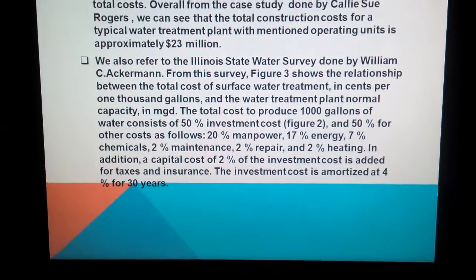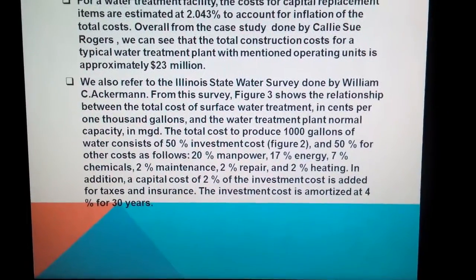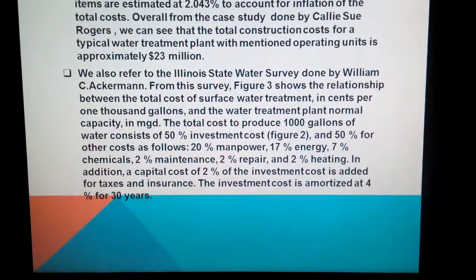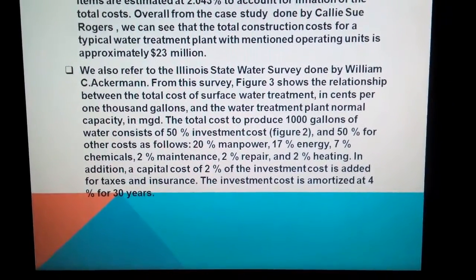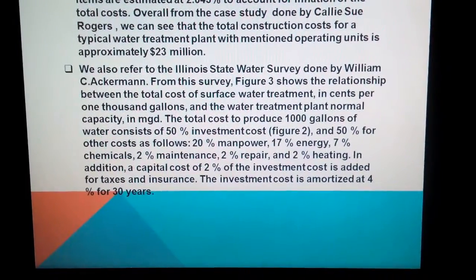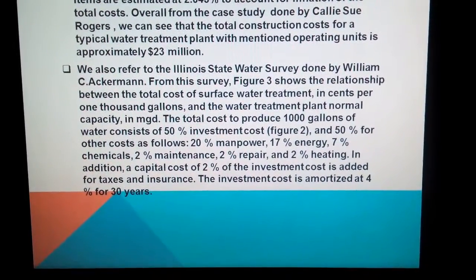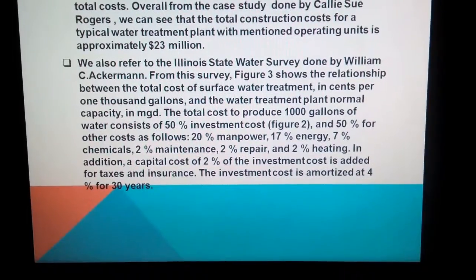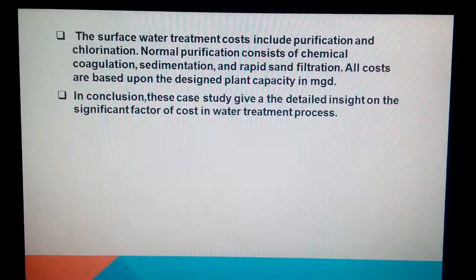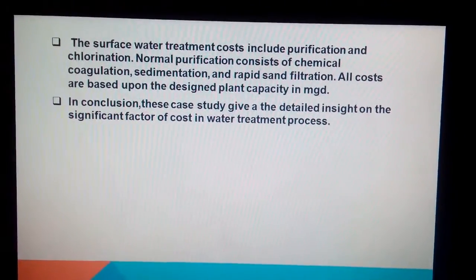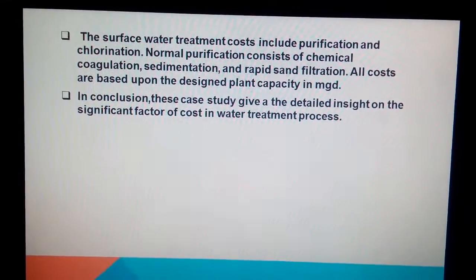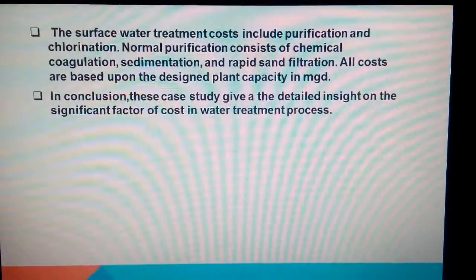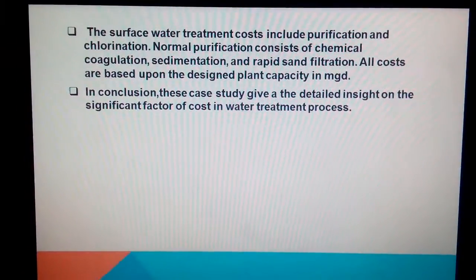In addition, a capital cost of 2% of the investment cost is added for taxes and insurance. The investment cost is amortized at 4% for 30 years. From this survey, the surface water treatment costs include purification and chlorination.